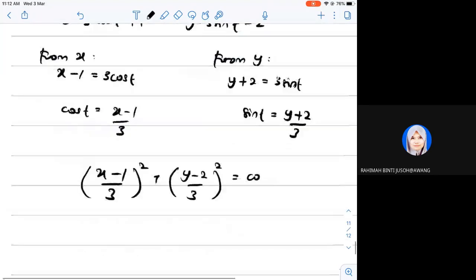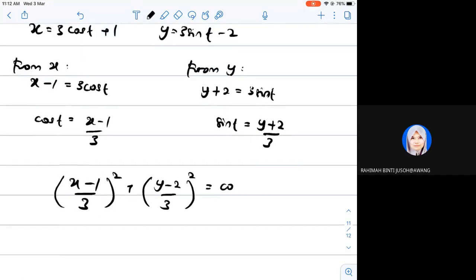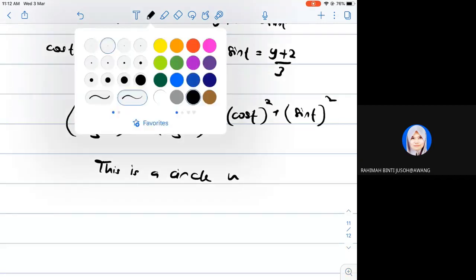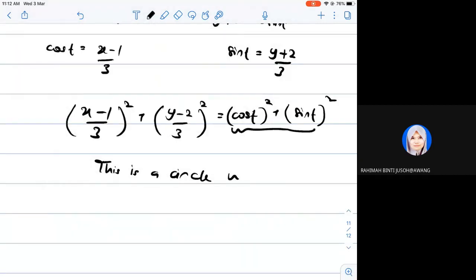So we will have cos squared t plus sin squared t like this. Okay, so in this case, this is a circle. This is equals to 1. Ni sama dengan 1 dulu.